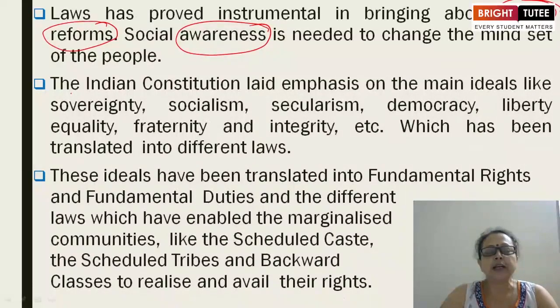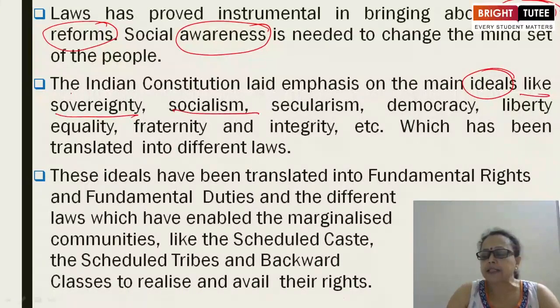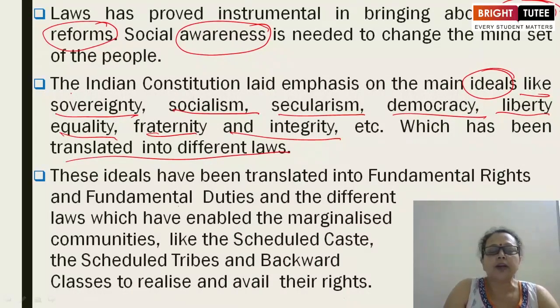The Indian Constitution laid emphasis on main ideals: sovereignty, socialism, secularism, democracy, liberty, equality, fraternity and integrity, which have been translated into different laws. These ideals have been translated into fundamental rights.